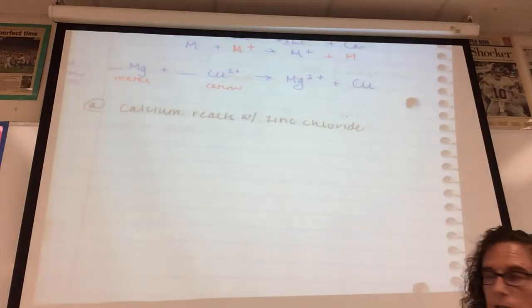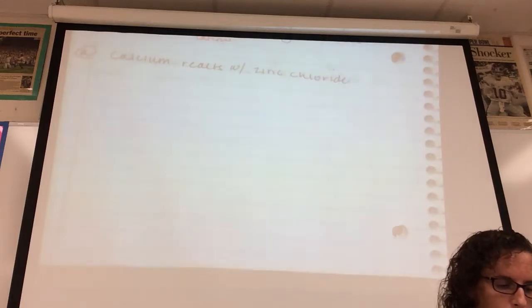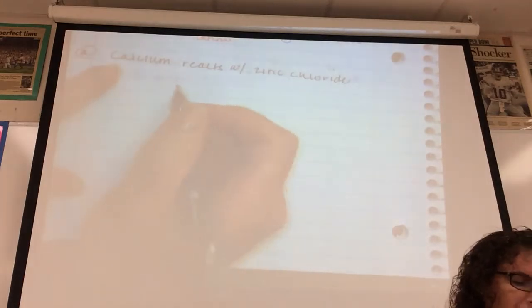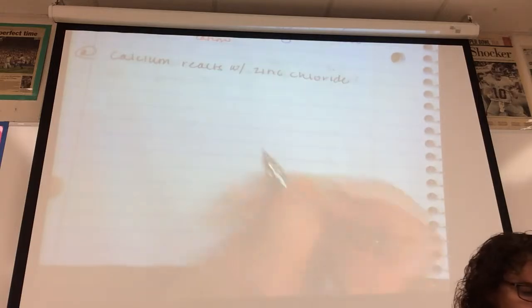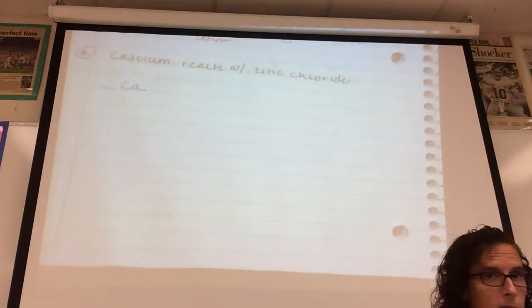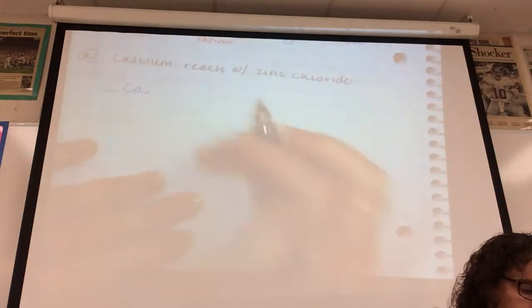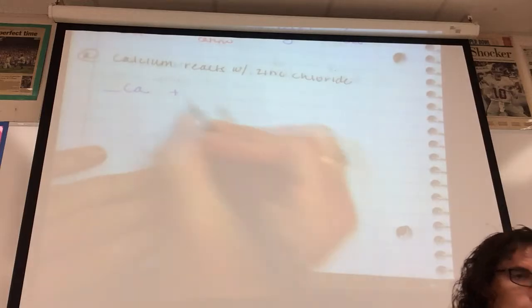In looking at this equation here, we have calcium reacts with zinc chloride. So how do we write calcium? Does it need a charge? No. That's a metal off the periodic table, an element. Now it's going to react with zinc chloride.